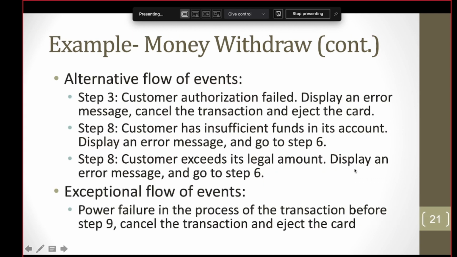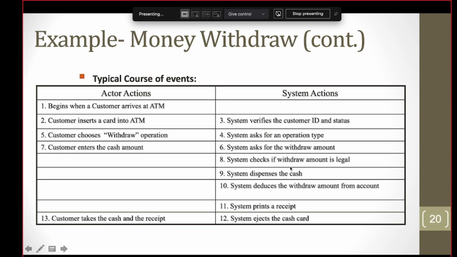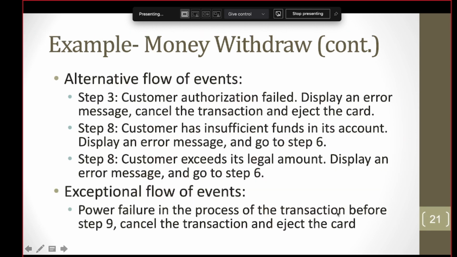On that check, if the customer has insufficient funds in his account, display an error message and go to step 6. If the customer exceeds the legal amount, display an error message and go to step 6. Step 6 is again asking for the withdrawal amount. And the exceptional flow means a power failure in the process of the transaction: cancel the transaction and eject the card.